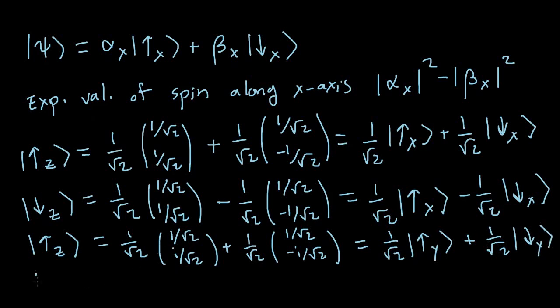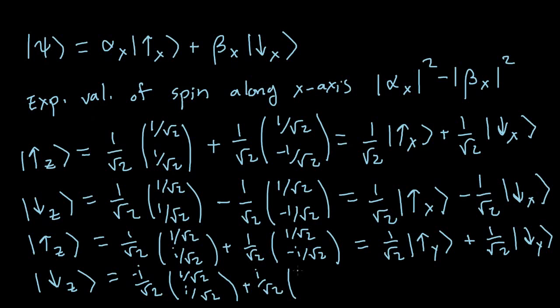And then, last but not least, the spin down state in the z direction is equal to negative i over root 2. You gotta be clever now because we got all these i's around. Times the vector with components 1 over root 2 and i over root 2, plus i over root 2 times the vector with components 1 over root 2 and negative i over root 2.